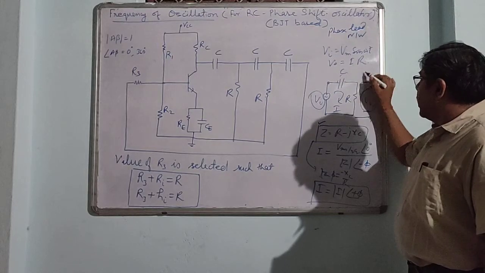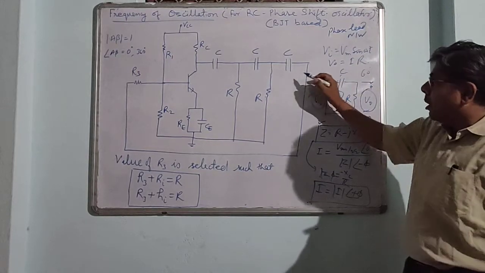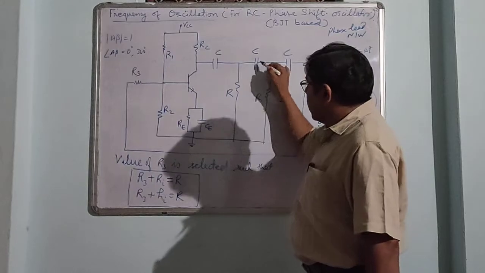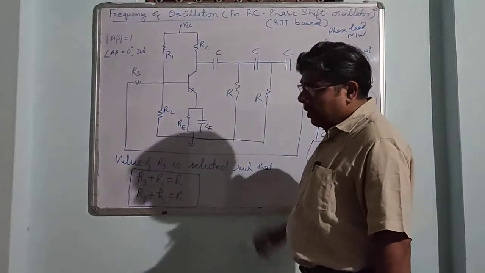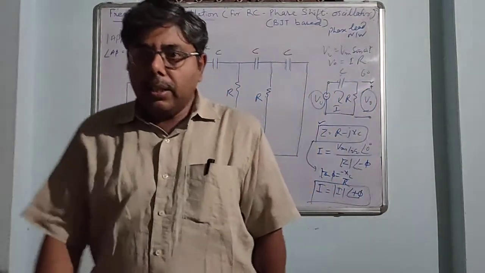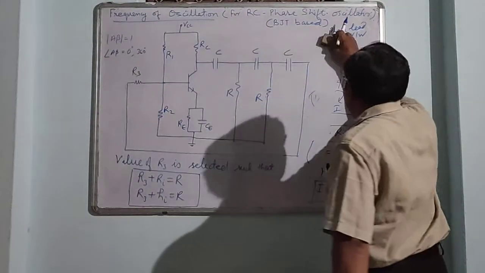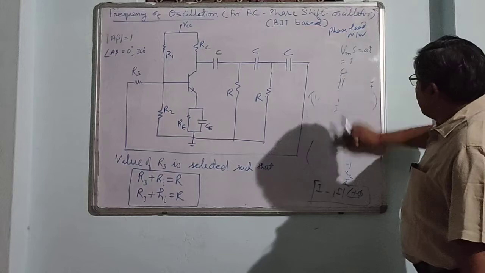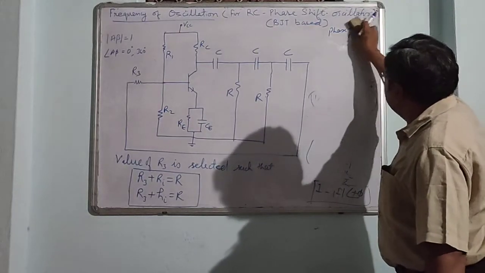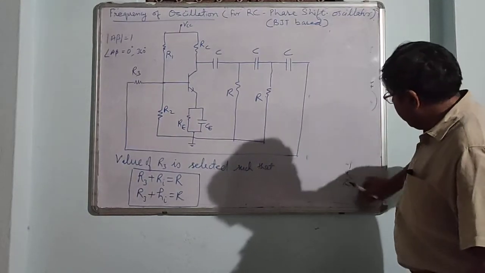One network provides 60 degree phase shift, similarly the other networks also provide 60 degrees. So all three networks provide a total of 180 degree phase shift. This is the basic concept of phase shifting.